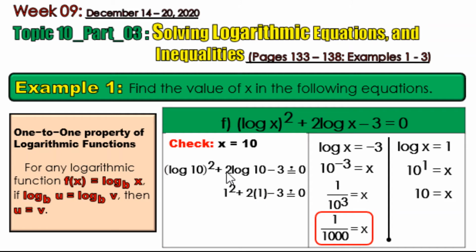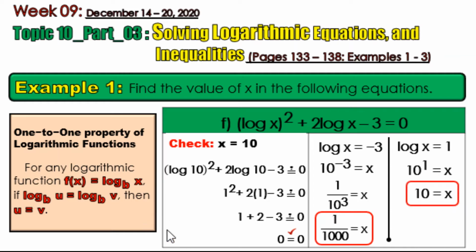We have 2 times that, and then minus 3. 1 squared is 1, 2 times 1 is 2, 1 plus 2 is 3, and 3 minus 3 is 0. So 0 is equal to 0. It means that positive 10 is also the value of x.